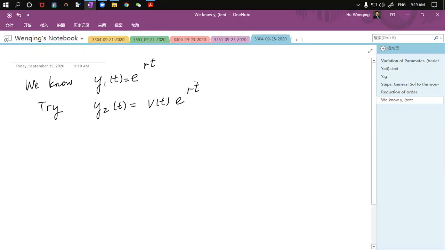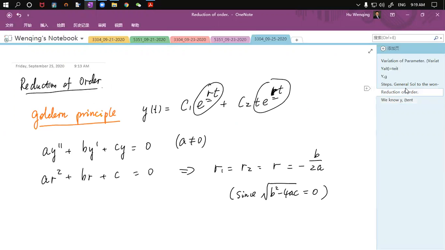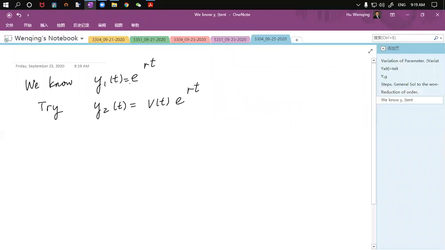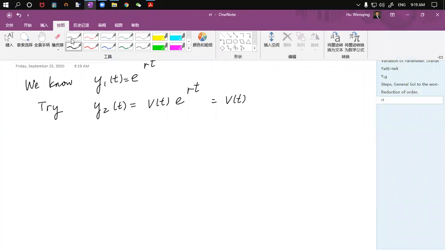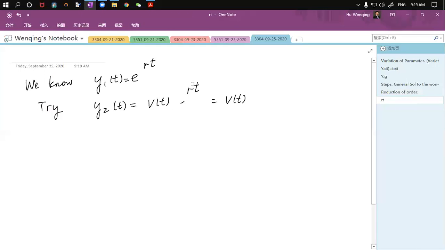Why is it called reduction of order? Because y2 is going to be a solution, so it's going to satisfy this equation. Since y2 is related to y1 by the e^(rt), I should say I'm going to first try v(t) multiplied by y1(t), that's v(t) e^(rt).